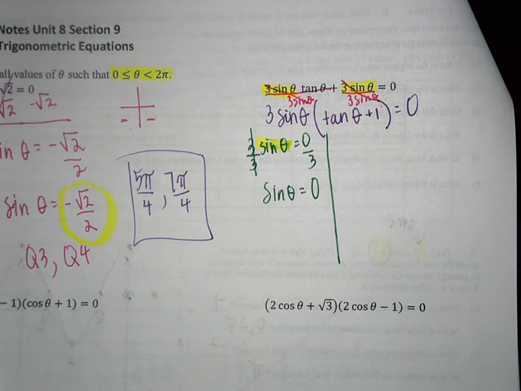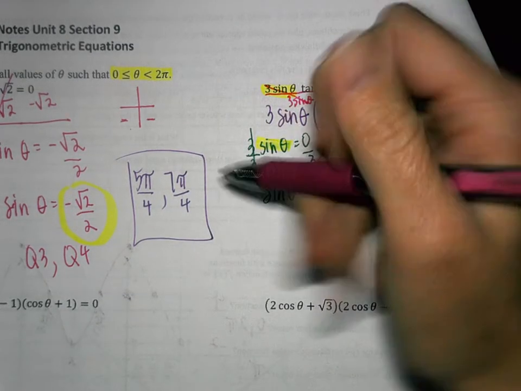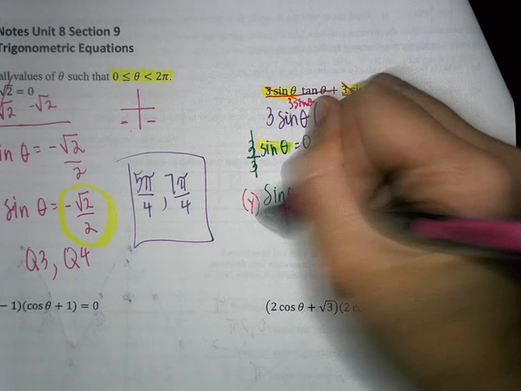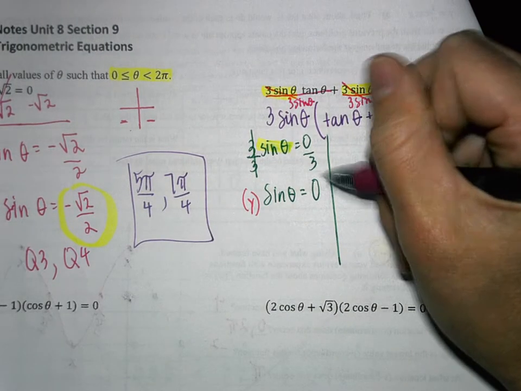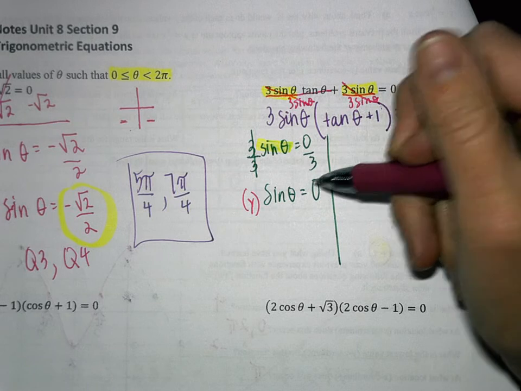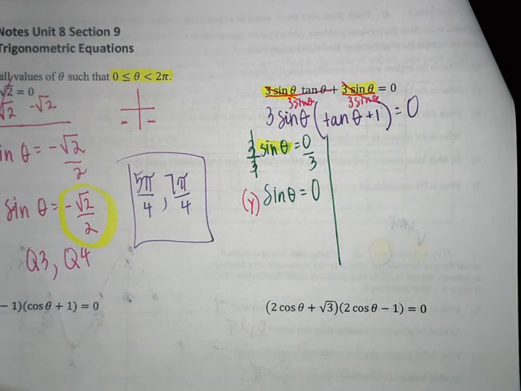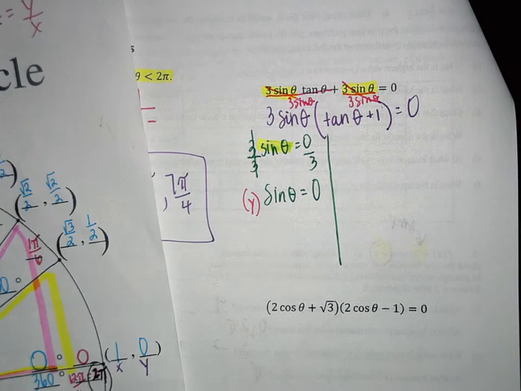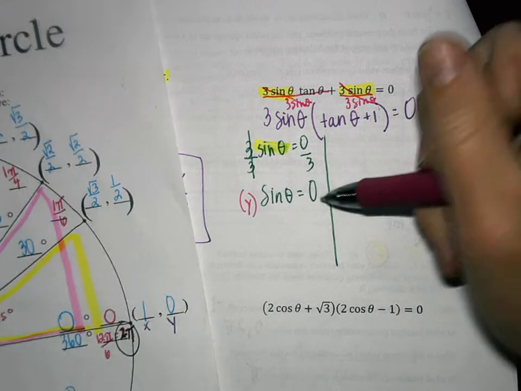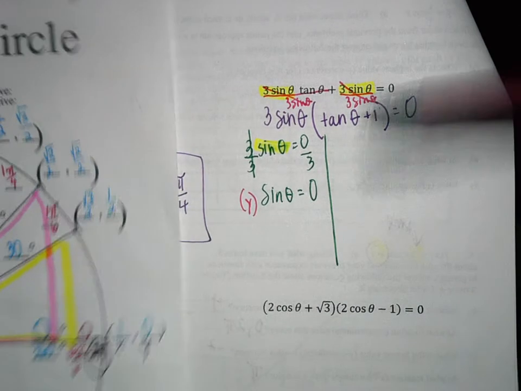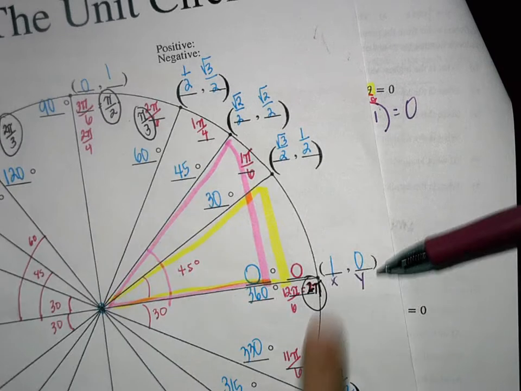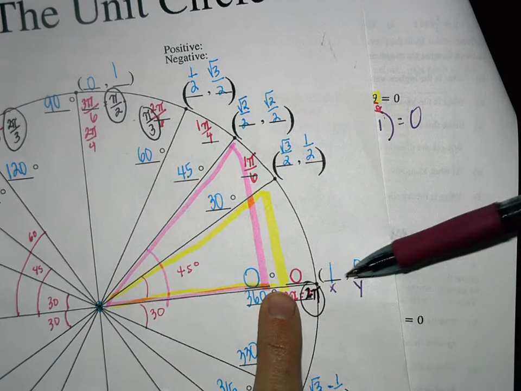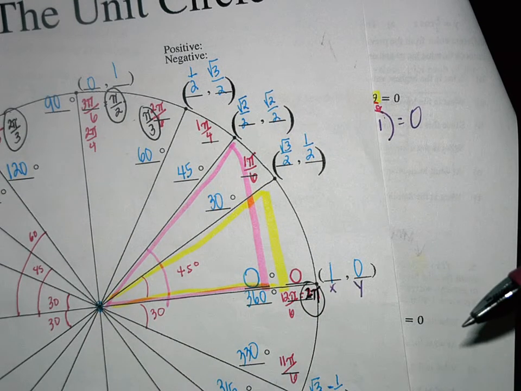Okay, so we know that sine is dealing with the y values. So because this is 0, whenever we get zeros or ones, we know that it's going to be on our quadrantals, like at 0 and that. So where is y 0? We kind of dealt with this a lot when we were making our graphs. But y is 0 at 0 and 2 pi.